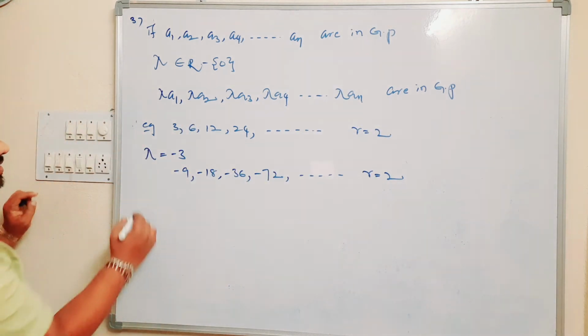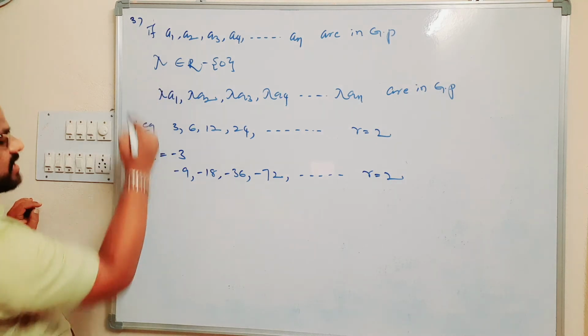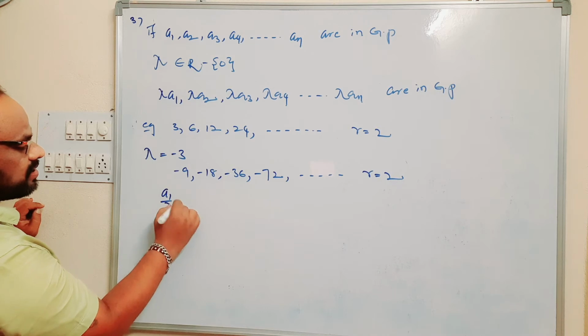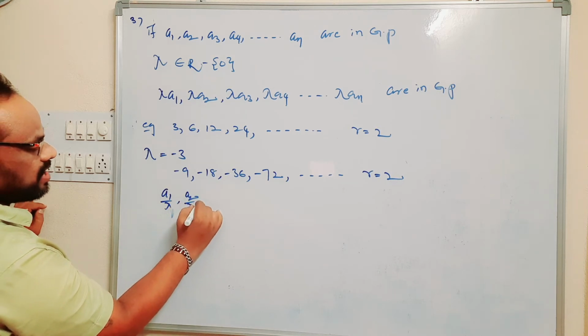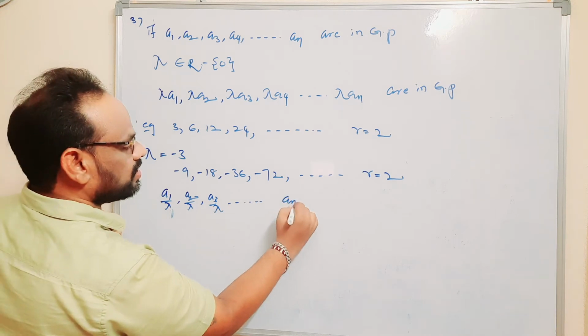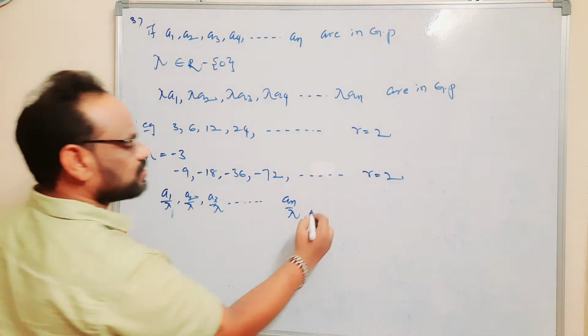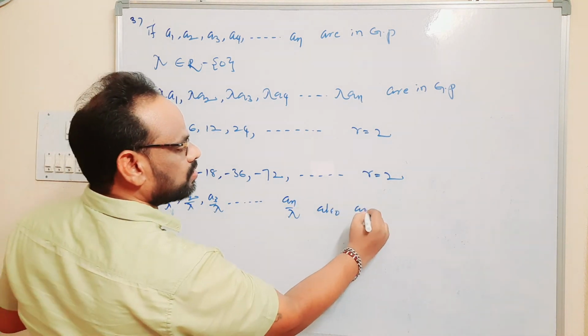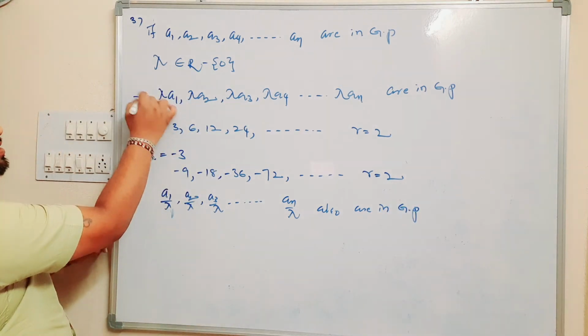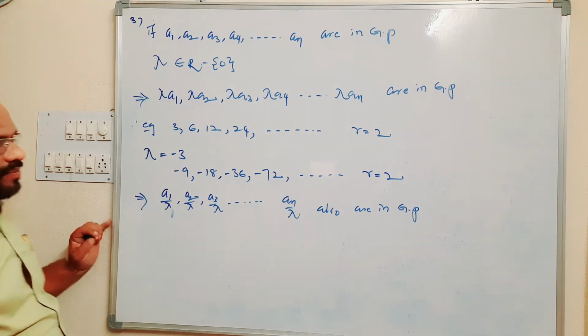If we divide, that means take the same lambda: a1 by lambda, a2 by lambda, a3 by lambda, and so on, an by lambda are also in geometric progression.